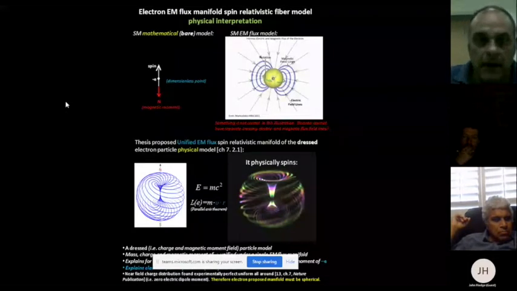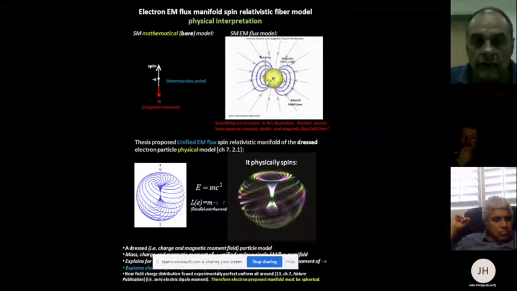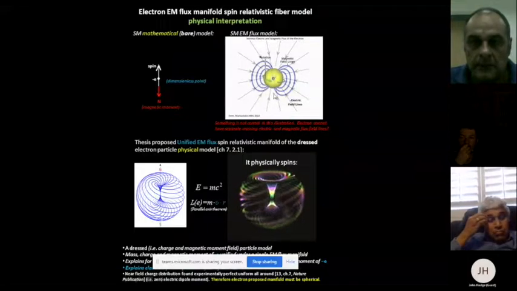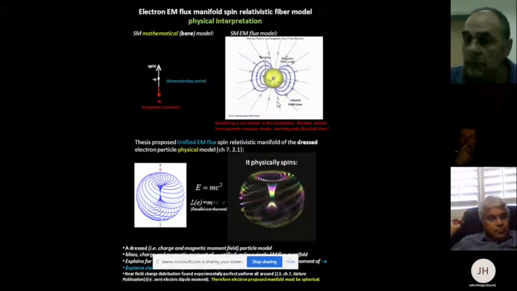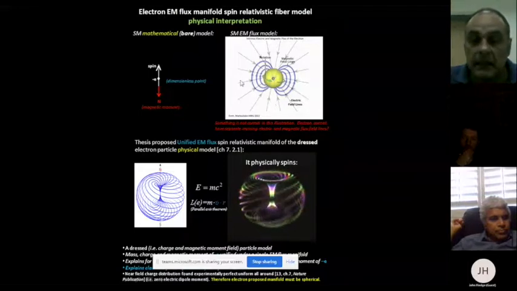So this is the standard model, which is the dimensionless point, so nothing. So we inflate here. These are the two interaction fields, the electric field, because it's charge, minus, the vectors are going inside, and this is the magnetic field of the electron, the spin magnetic field. Yes, but these are the interaction fields.